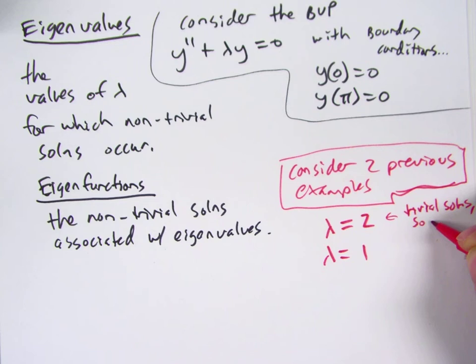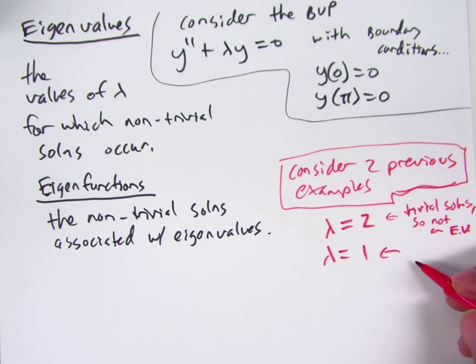So not an eigenvalue. Lambda equals 1, though, gave us non-trivial solutions.